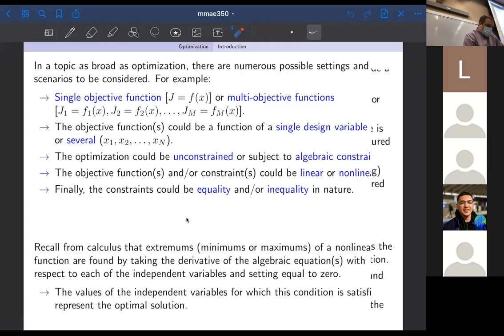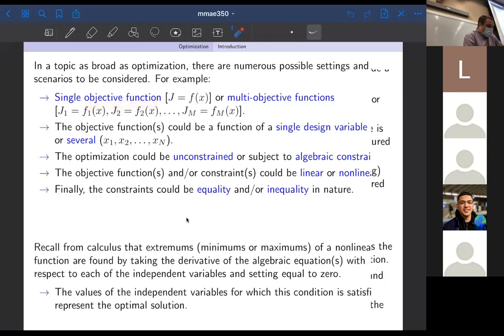So I've highlighted in blue the various kinds of ingredients that can go into an optimization problem. Not every optimization problem has every one of these ingredients, but they are ingredients in all optimization problems. So where we start is with an objective function.